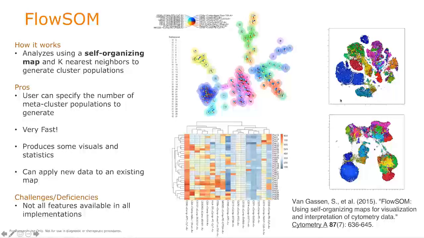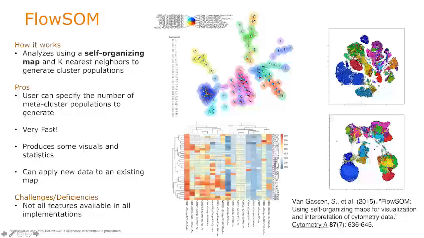Now, I don't like FlowSOM because it does not have a tendency to overcluster. You can force it to overcluster by increasing the number of metaclusters, but I'm not always sold on where it decides to cut. If I increase the number of clusters, it's not necessarily going to chop up the B cell population. It might just make a bunch of other small clusters in the complex area of the NK cell subsets.